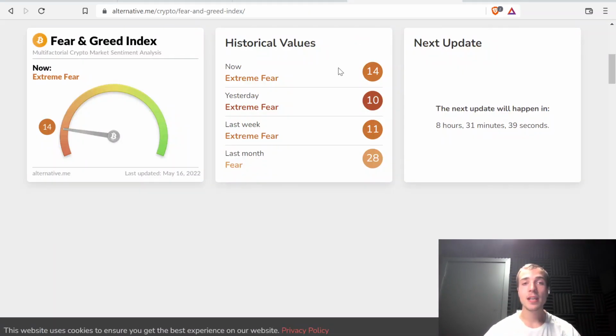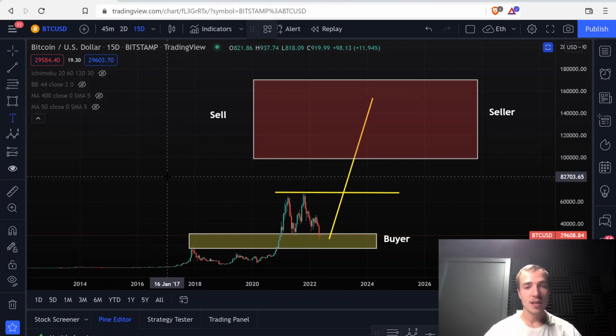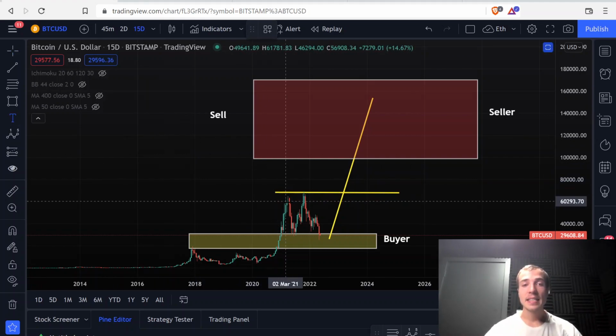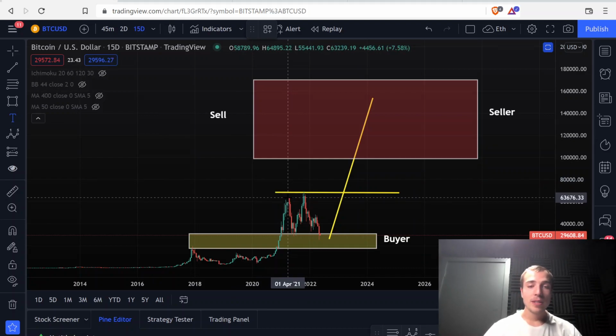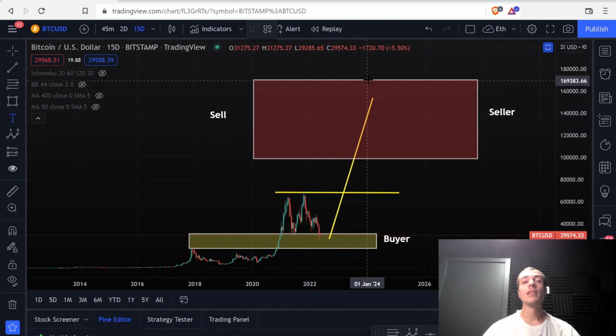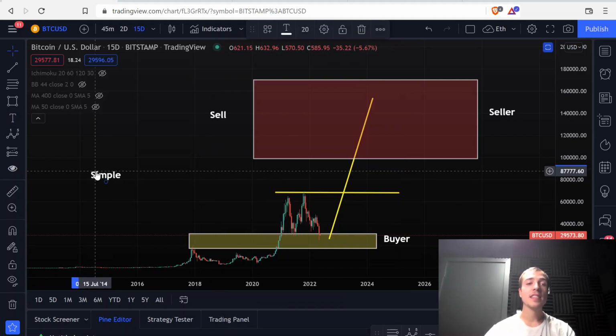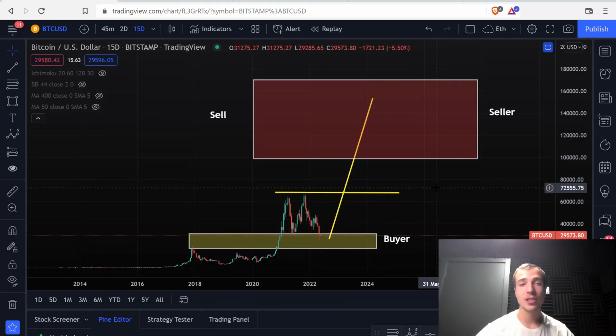As we go into price discovery, this will go from extreme fear back up to extreme greed, like we saw when all of the altcoins were going crazy and Bitcoin was going crazy last April, not this recent April, but last year, 2021. That was extreme greed. So as we start to get up there, I think we'll turn around. But you have to have that middle path. You have to keep things simple. And this is how you guys can simplify the process of getting rich in Bitcoin.